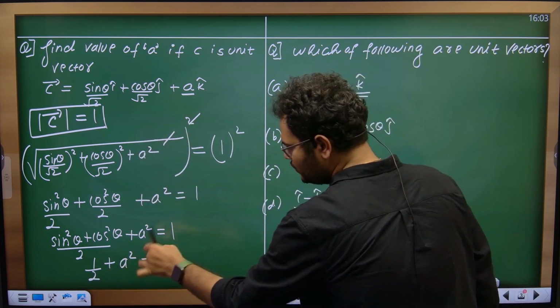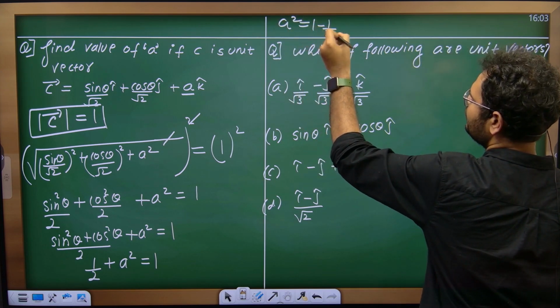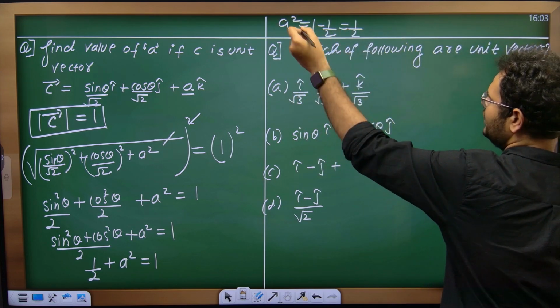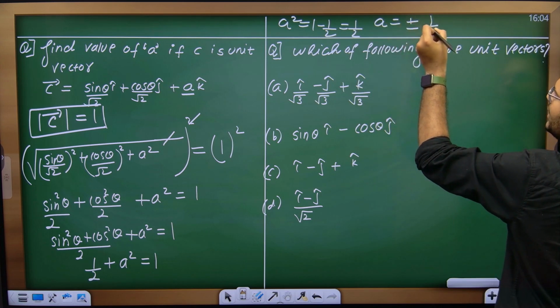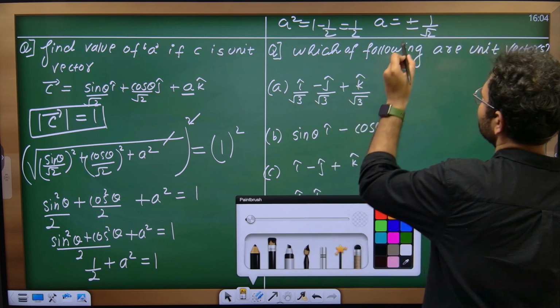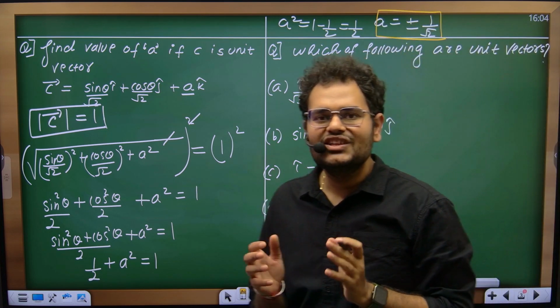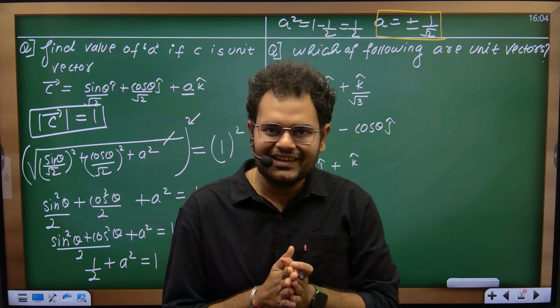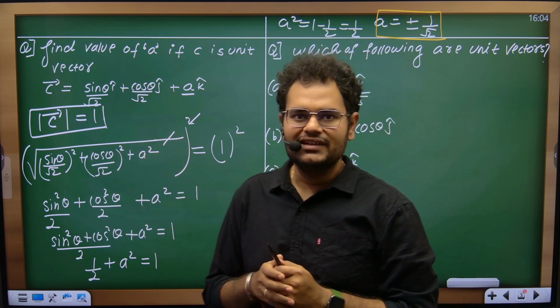If we take 1 to the right hand side, I will get a square is equal to 1 minus half, which is equal to half. Now if a square is equal to half, a is equal to what? Plus or minus 1 by root 2. Are you getting this property? You must know this. The plus or minus sign comes. So this is the value of a. This question is based on the property that the magnitude of a unit vector is 1.